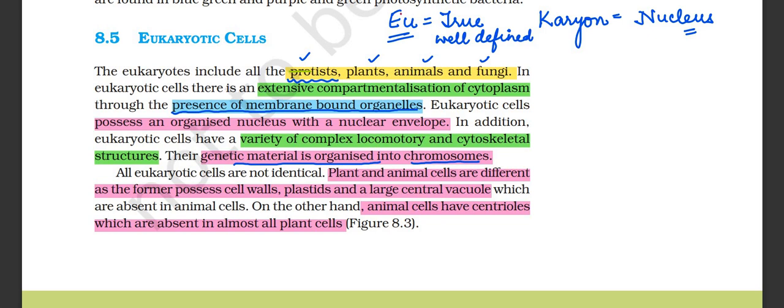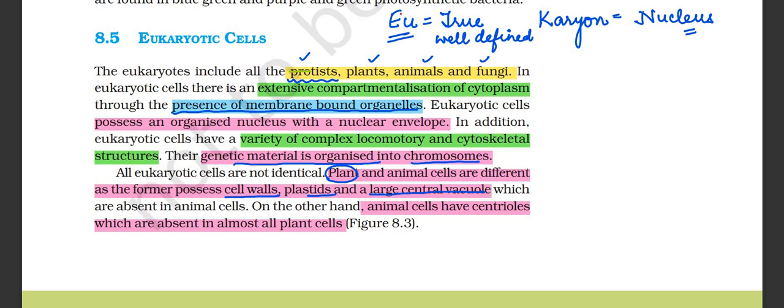All eukaryotic cells are not identical. Yes, they have to perform different functions in different kinds of organisms. So eukaryotic cells are definitely not identical. Plant and animal cells are different, as the former possess a cell wall, plastids, and a large central vacuole, which are absent in animal cells.